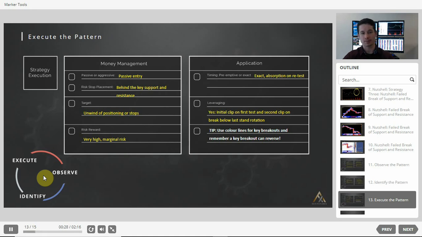Note, stop placement: you want to put it in and around behind where that consolidation period is occurring within the breakout zone. In terms of target, we're looking for either an unwind of the delta, or the stop run which creates an exhaustive low, or an extension of the low or a test of the lows. And whichever one of those three comes first, that's your potential target.